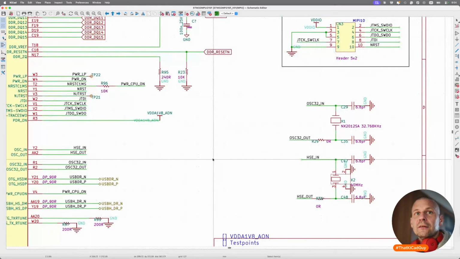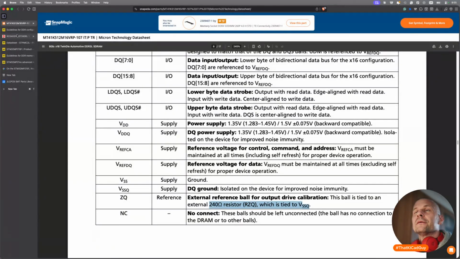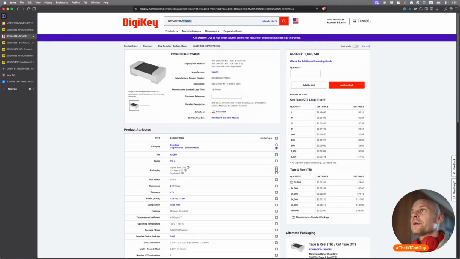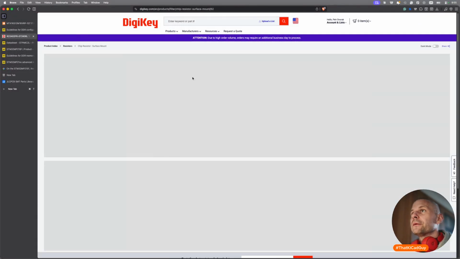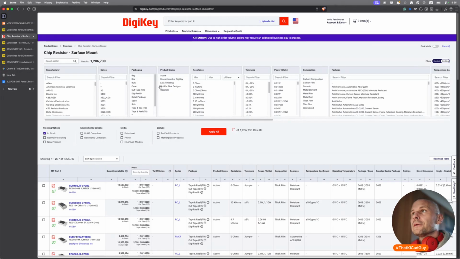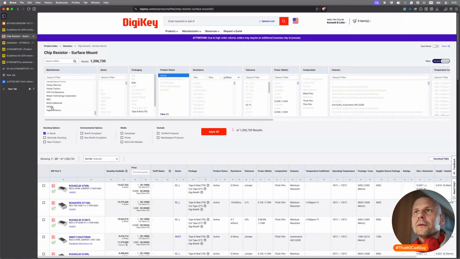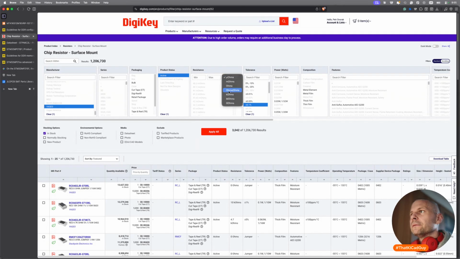So they say we need 1K 0.1%. So surface mount in stock. We need 1K, so 1K, 1.